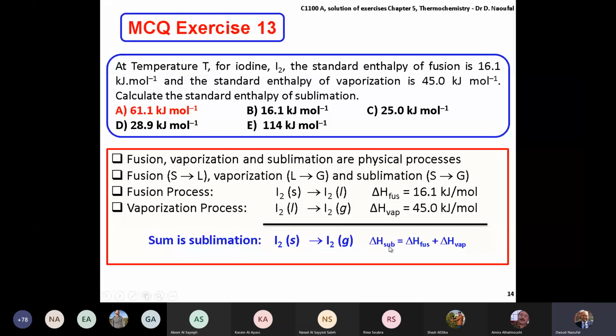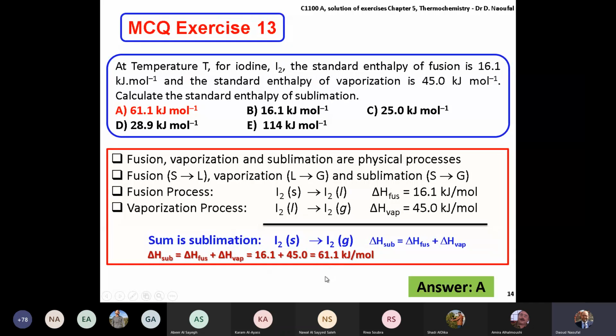So delta H sublimation equals delta H fusion plus delta H vaporization, and delta H equals 61.1 kilojoule per mole, and the correct answer is A.